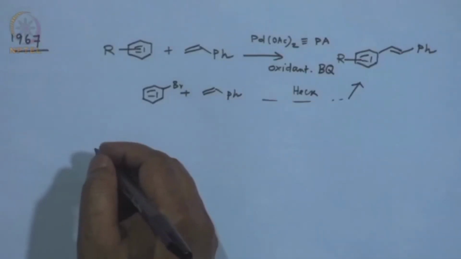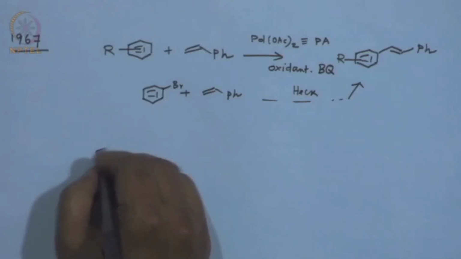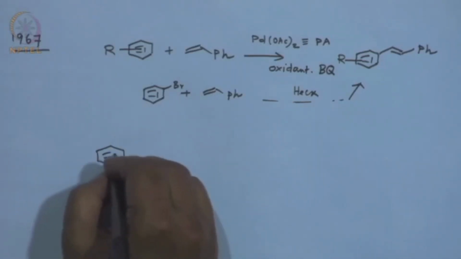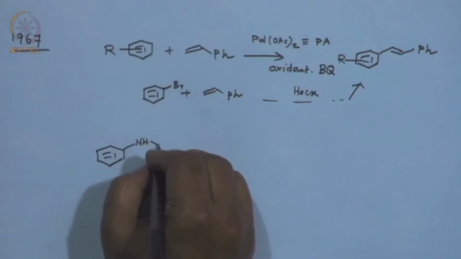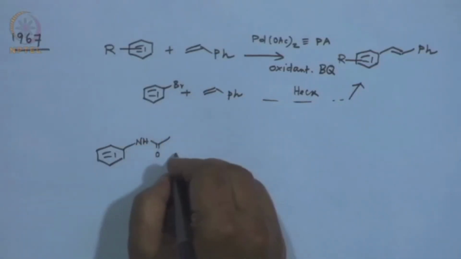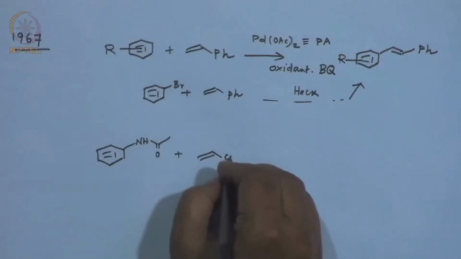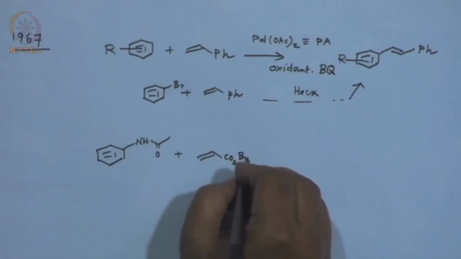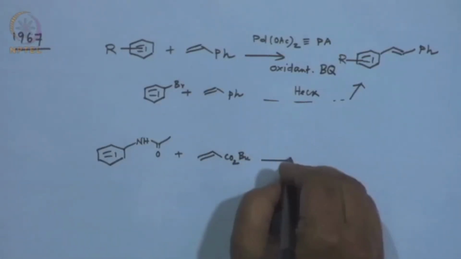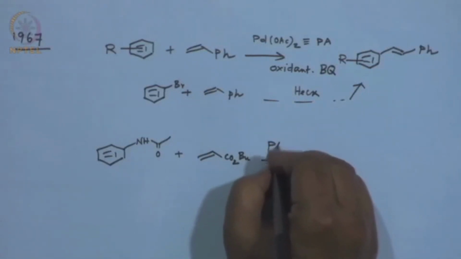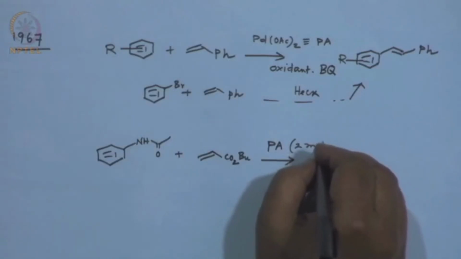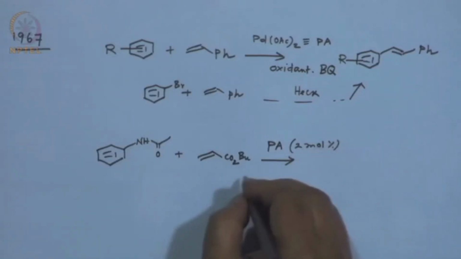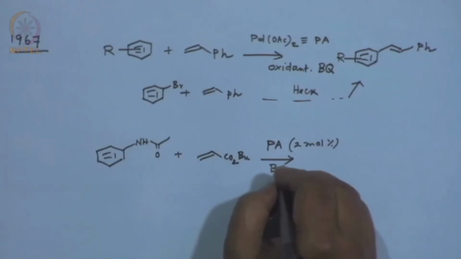In a non-heterocyclic compound, suppose you take acetanilide, and then as usual an acrylate, in this case butyl, because it has a little higher boiling point, and again PA, palladium acetate, a very small mole percent, and then BQ.